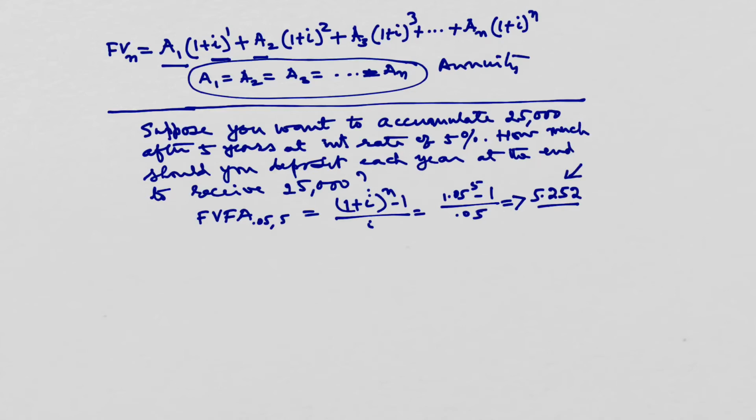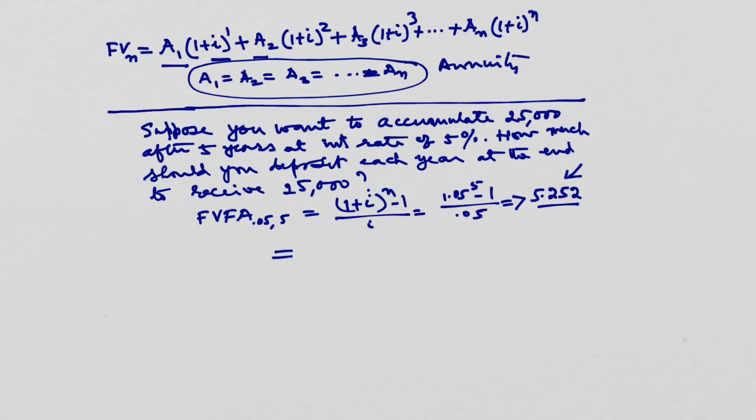This means that 1 rupee deposited every year for 5 years will accumulate to this amount. Now it becomes very simple, second or third grade mathematics: by depositing 1 rupee each year, you are able to accumulate 5.252. How much should you deposit each year in order to get 25,000?